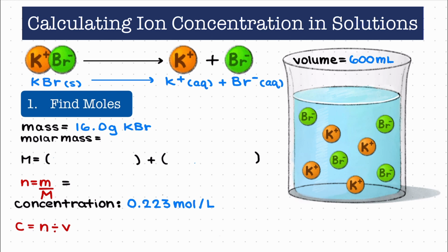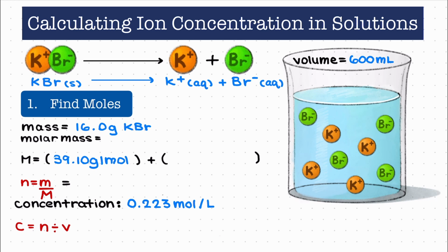If we're given the mass, then we need to have the molar mass of KBr in order to solve our problem. We can consult our periodic table to find our molar mass. Here we have one potassium and one bromine. Potassium has a molar mass of approximately 39.10 grams per mole, and your number might be slightly different than mine.